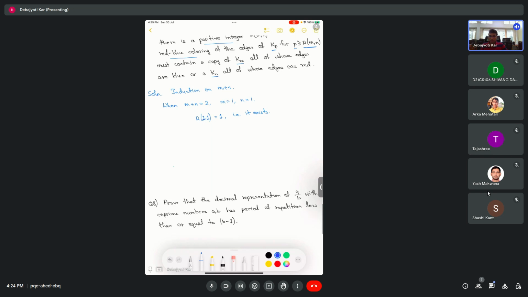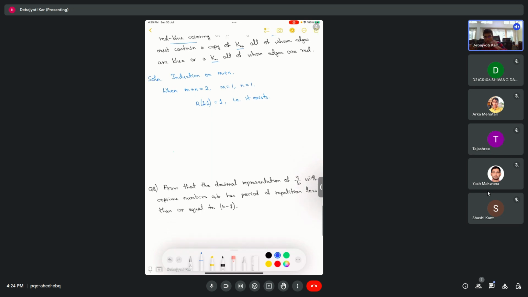Okay, so now suppose we want to show that r(m+1, n+1) exists. Here the sum of these two parameters is m plus n plus 2.